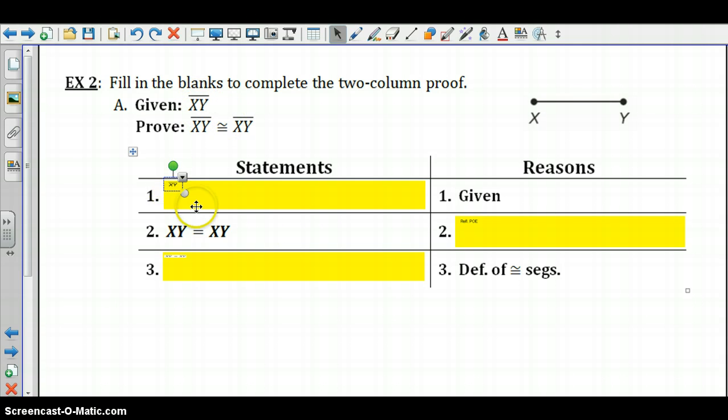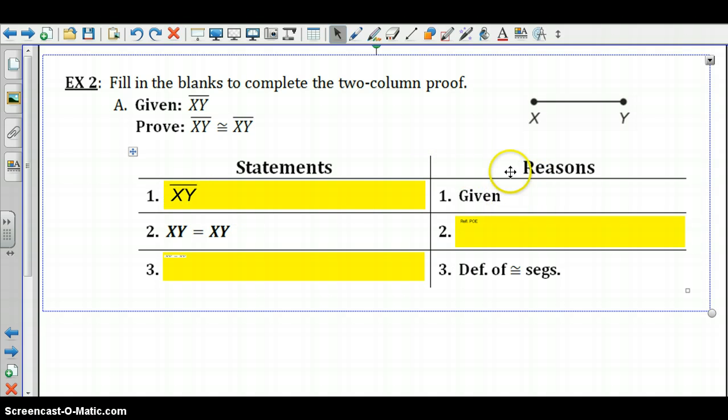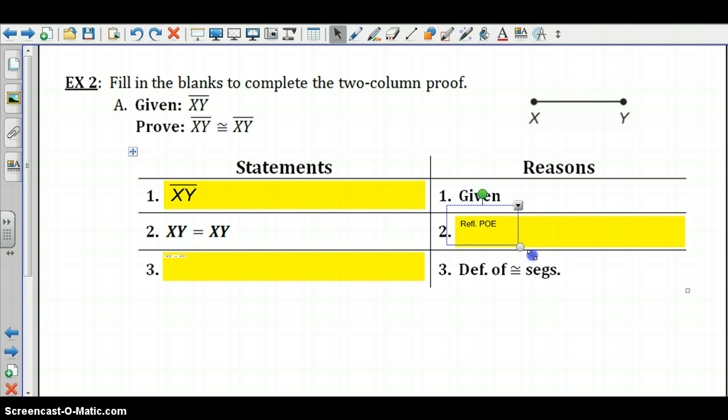We start with the given information. The reason is given. I know I have to state the given first. Then I say XY equals XY. Now, the reason for this, we know the length of our segment is XY, and I have the reflexive property of equality, so that can be the reason for this statement.